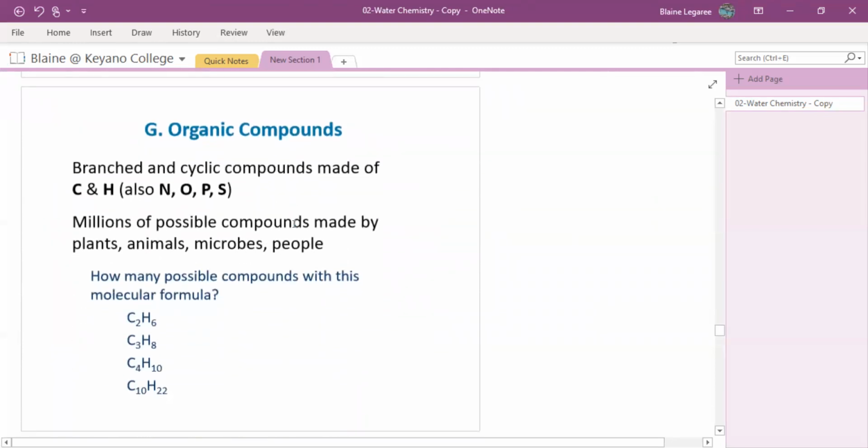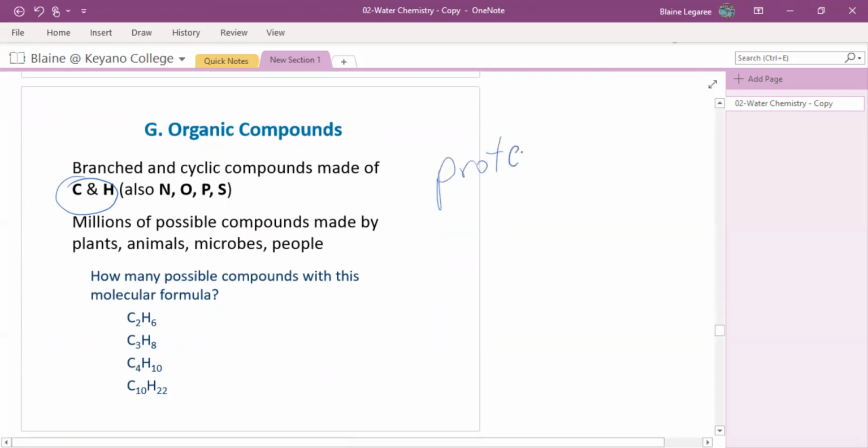Another thing that can end up in the water are organic compounds. By organic compounds, we mean compounds that have carbon and hydrogen. We're kind of talking about all the four food groups, and by that, I mean your usual biological molecules.